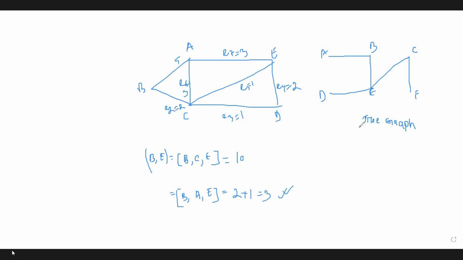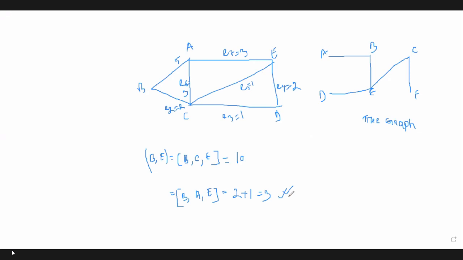In a connected graph, there can be some simple paths as well as some cycles. But in a tree graph, all the paths are unique simple paths. What does that mean? Look at this: between A and E, there should be only one way of traveling from this point to that one.